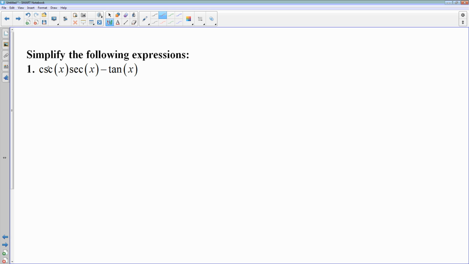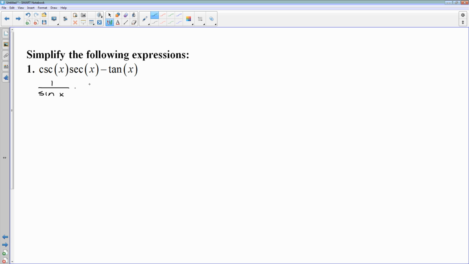So I'm looking at cosecant times secant minus tangent. There's a lot going on there, 3 different trig functions. What I'm going to do first is turn them into sines and cosines. I know cosecant is the same thing as 1 over sine x.